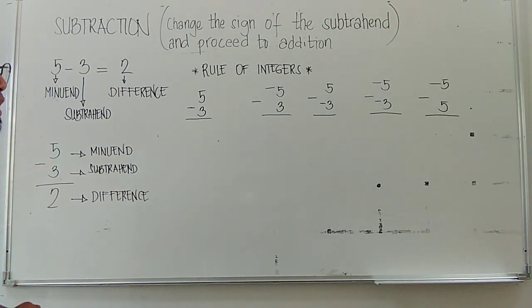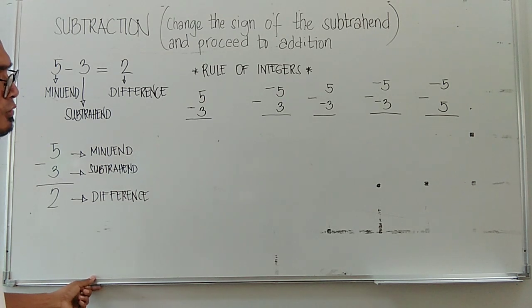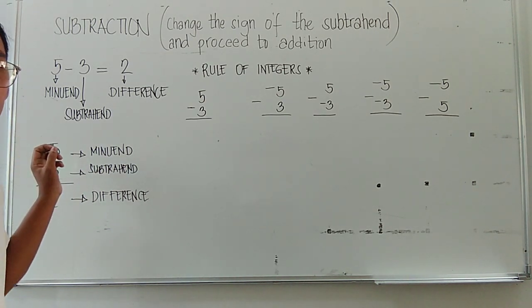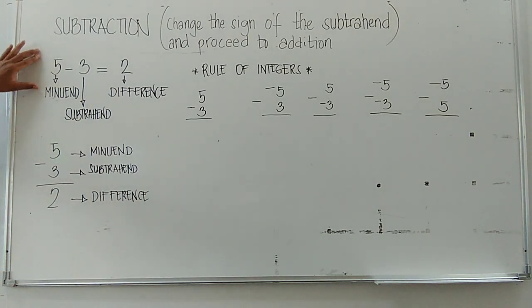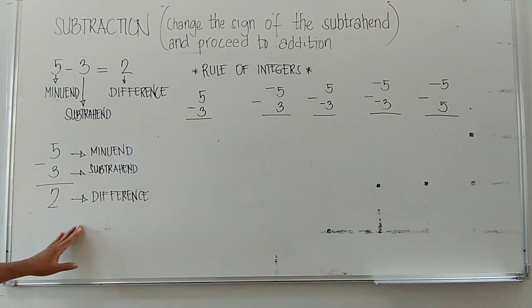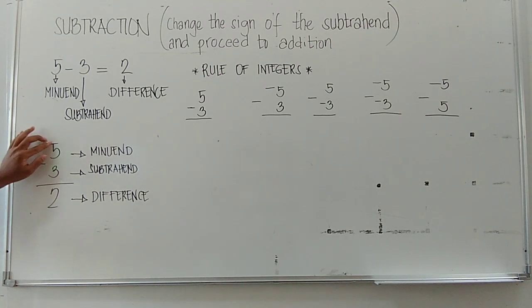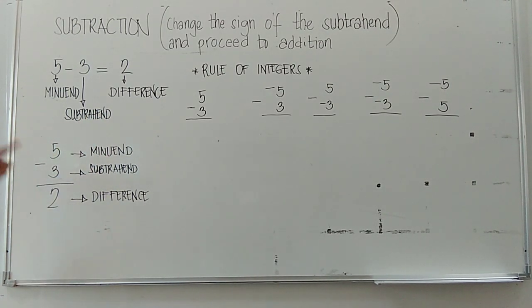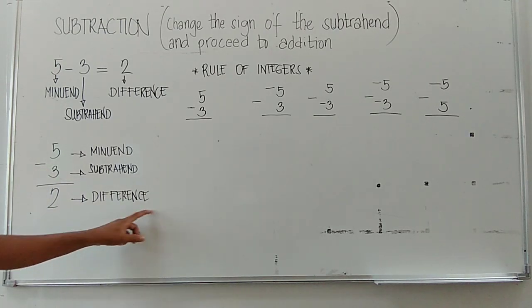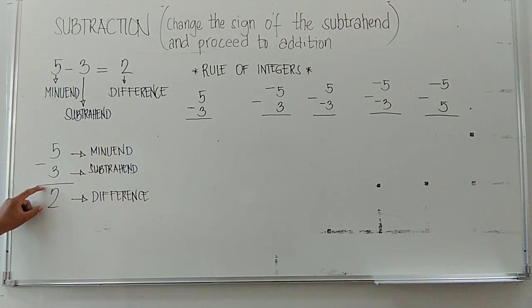Written horizontally, it looks like this; vertically, it looks like this. The first number is your minuend, then the minus or subtraction sign, then your subtrahend, in our example 3. Then the difference, in our example 2.